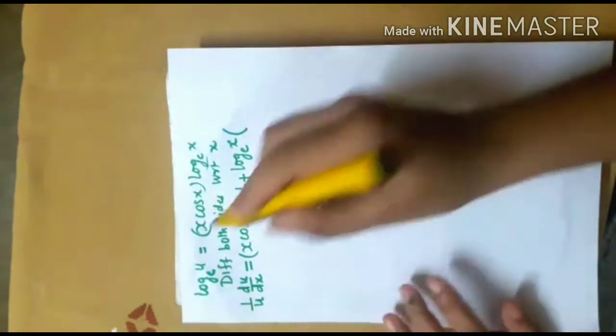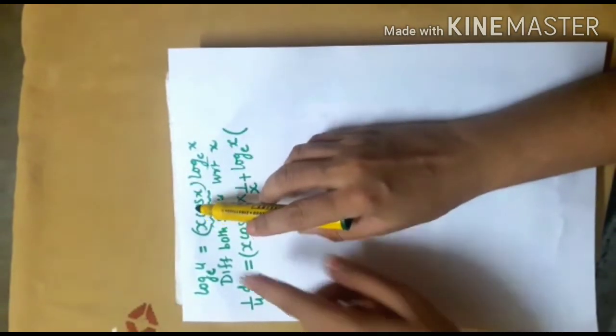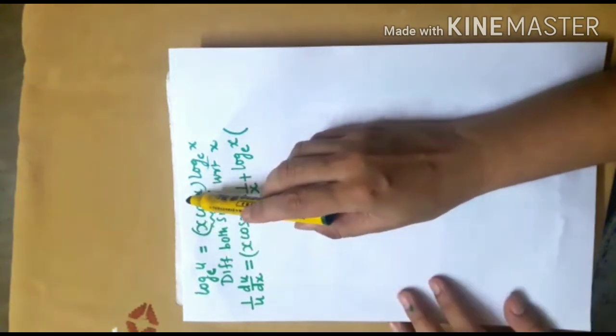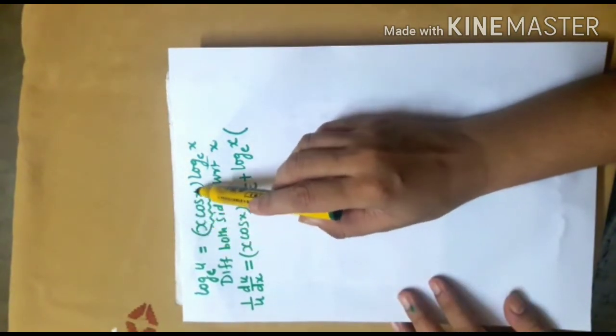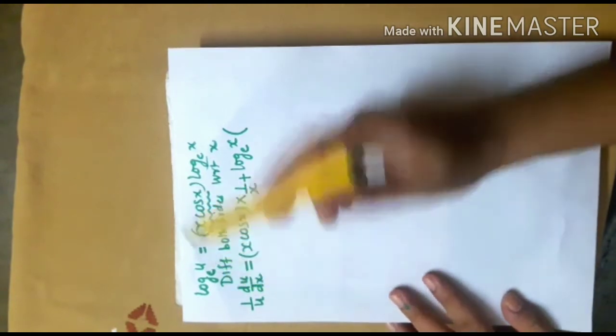Now look here. This is the first function, and first function is a product of two functions, x and cos x. So if I have to find the derivative of this first function, I will apply the product rule again.